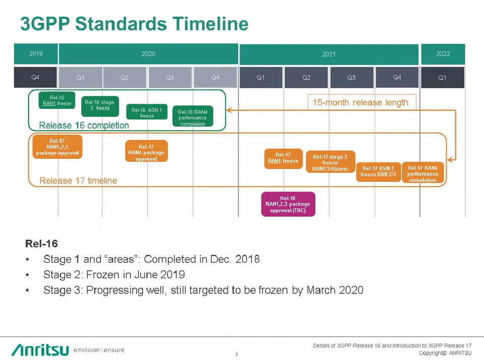Then stage 2 was frozen in June 2019, and now we are getting into the RAN1 freeze, which was done in December 2019 in RAN 86, and now we are looking into future development of standardization, finally getting on to Release 16 ASN.1 freeze towards the middle of 2020. So there are a lot of features that are already matured, and there are some which are being fine-tuned.